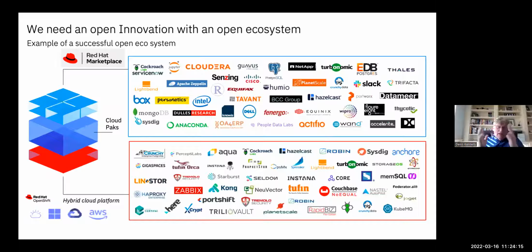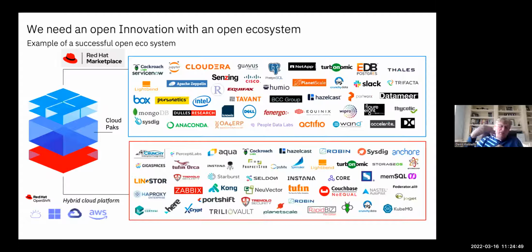I have a chart here which shows examples with our colleagues from Red Hat where we've done this very successfully around containers. It's a technology that's been out there for a number of years, but you're leveraging the open community innovation around containers and Kubernetes, which is absolutely incredible, and the rate and pace that drives. But also you build an ecosystem of partners around it that can use that technology and bring it to the enterprise in a consistent way.